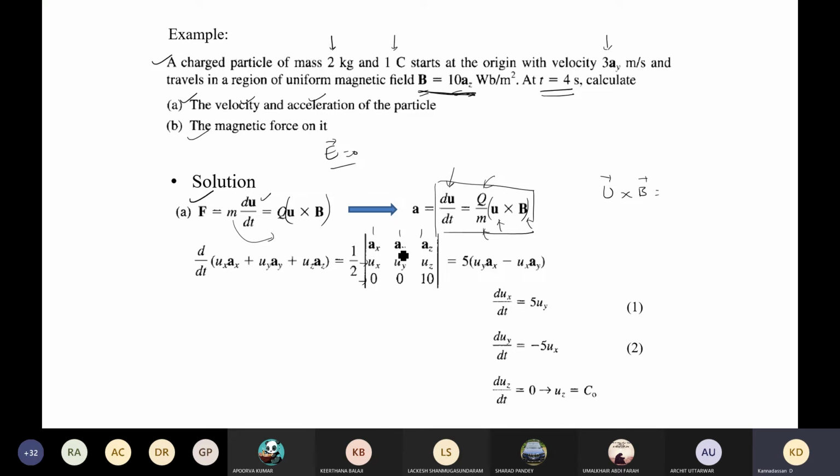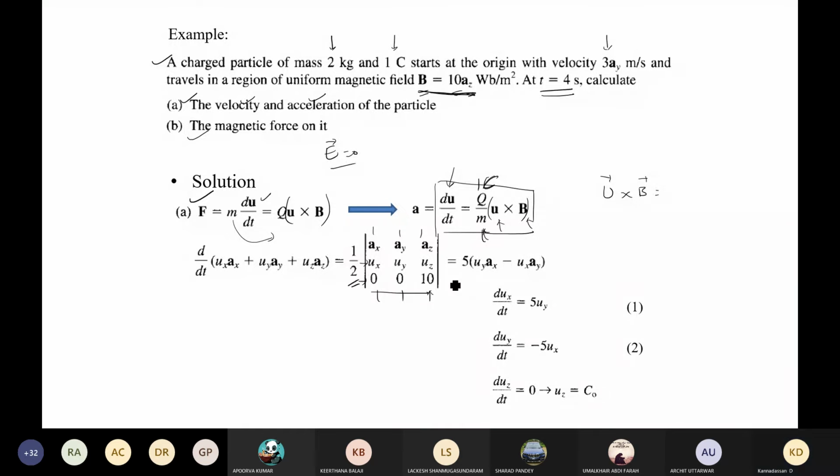Therefore, in the other directions they are zero. Only in the y direction we are substituting the magnitude. And here q is 1 coulomb, and m is 2 kg. So it becomes 1 by 2 kg.